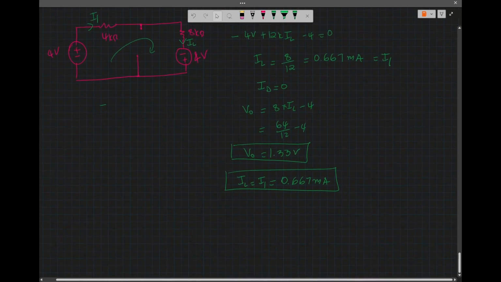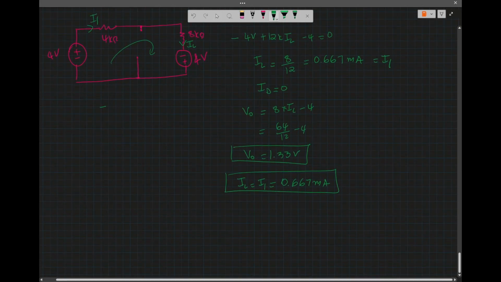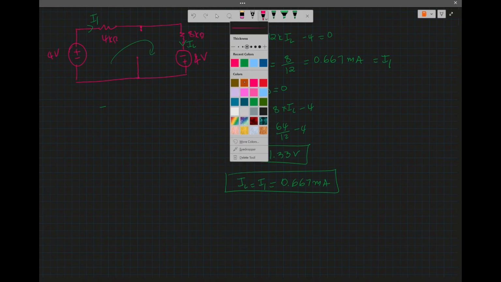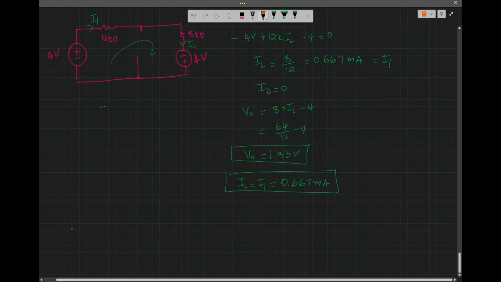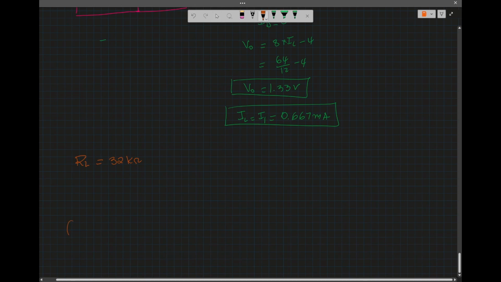So now I'm just gonna do the last one. So for the last one, what do we have? We have our load equal to, let's do 32 kilo ohm.